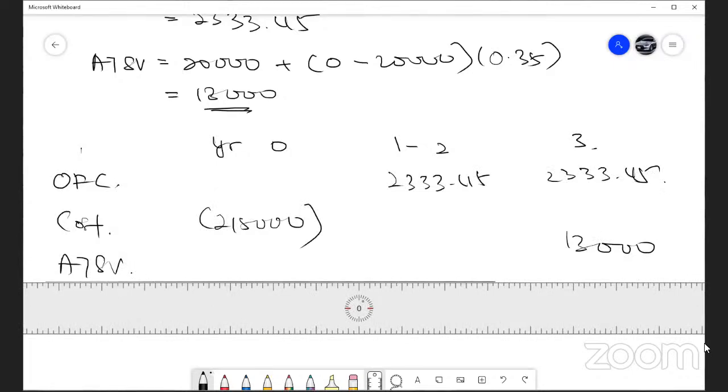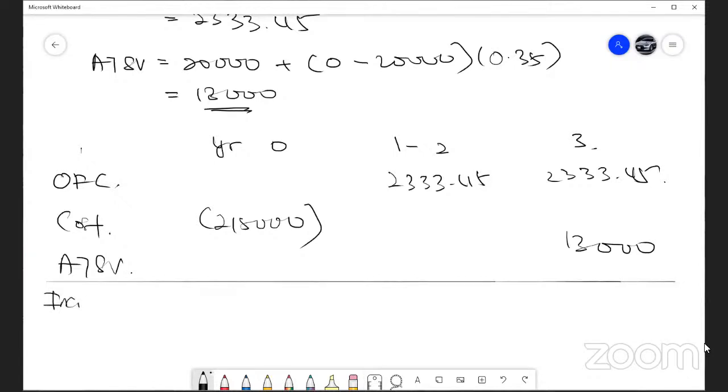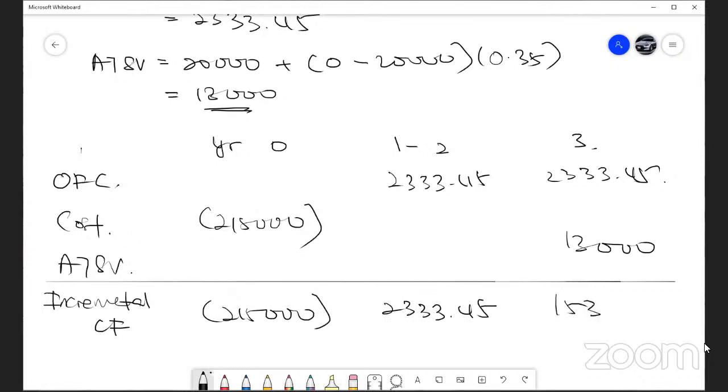Sum it up, you get your incremental cash flow. Here is negative 215,000, 2333.45, 15333.45. Okay, find your NPV first.